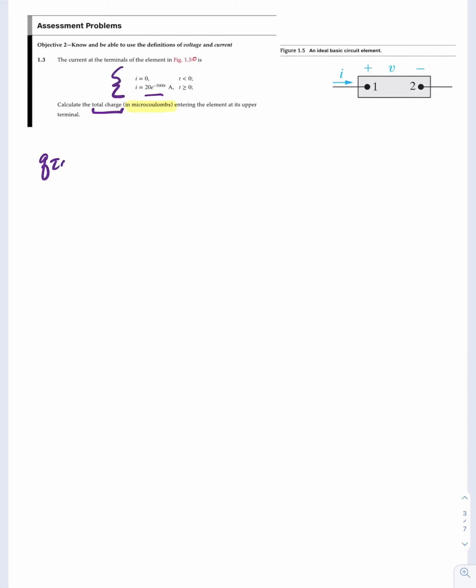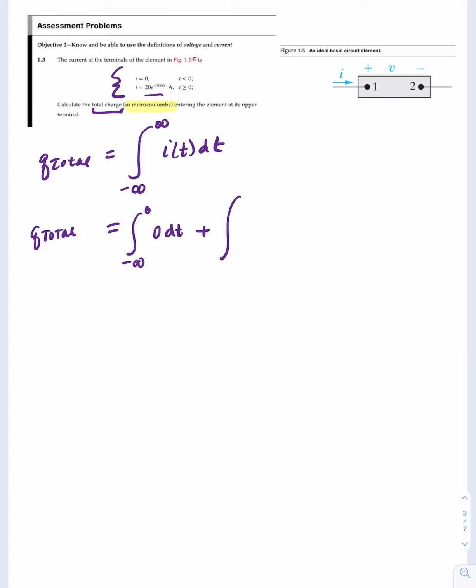Q total is equal to the function for current over all time, which is from minus infinity to infinity, which would be from minus infinity to 0, our current is 0, and from 0 to positive infinity, our current function is 20e^(-5000t), and we'll change that t to an x, and dx.